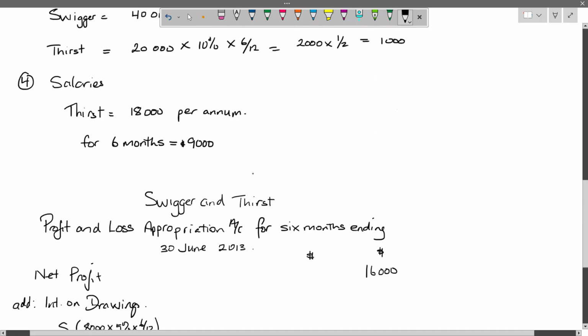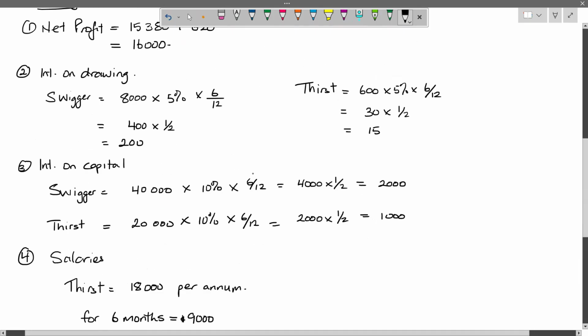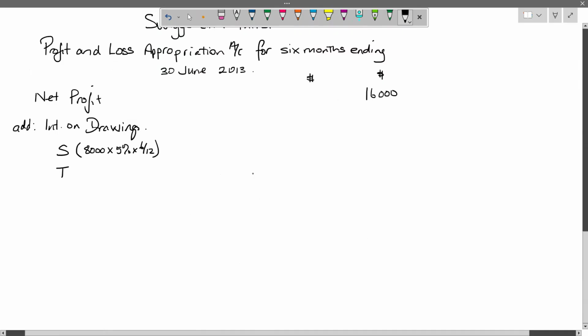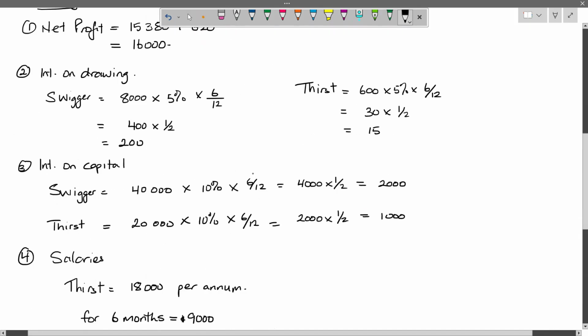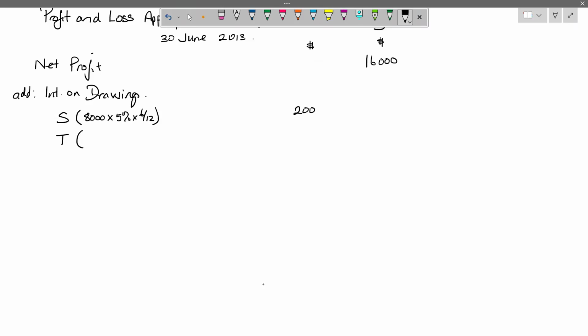This is what I mean. 200. And then this other dude, 600 by 5% by 6 over 12. 15. So we cross 215 here. 16,215.